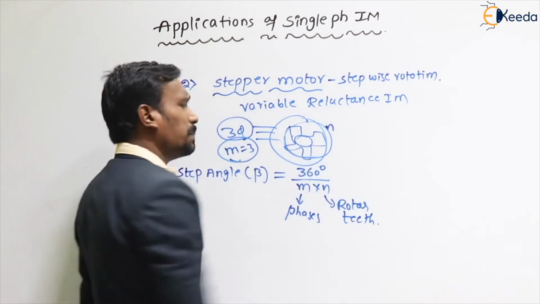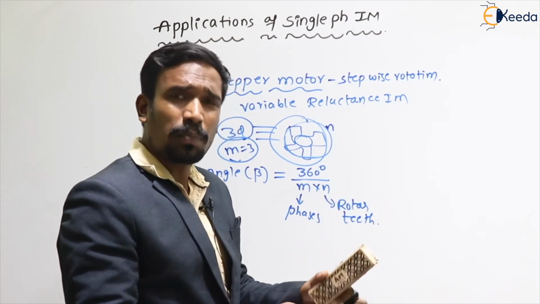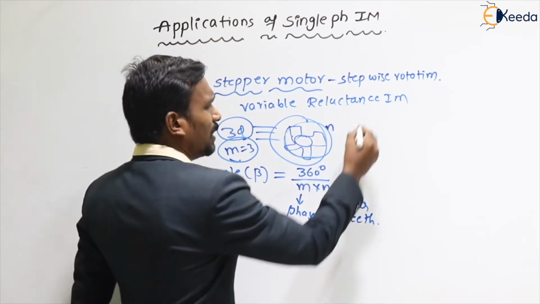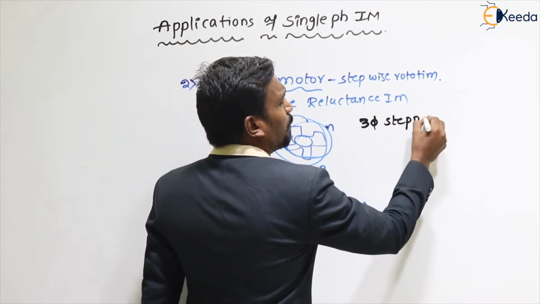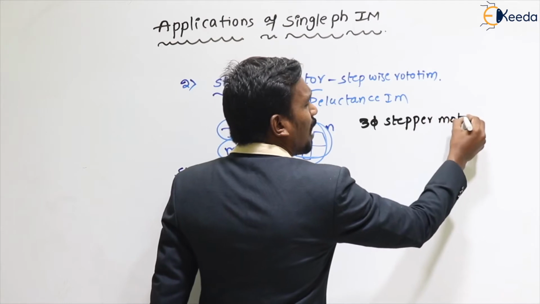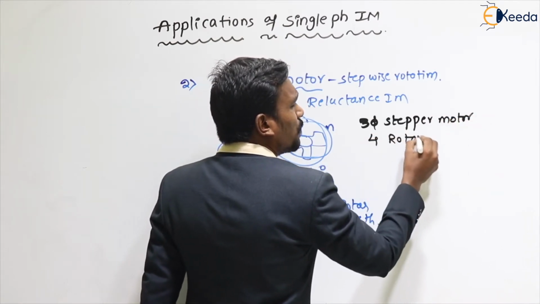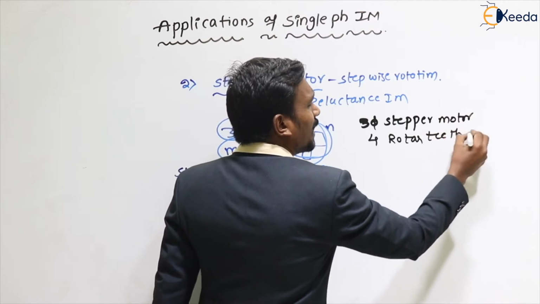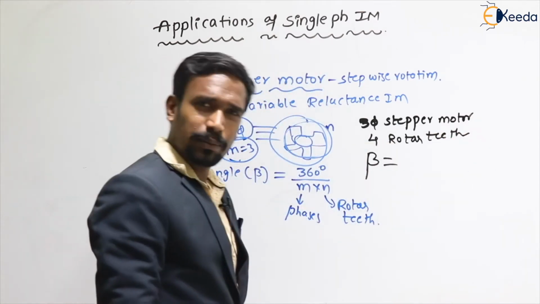This is my stepper motor. For example, they will ask you one problem on this. A three-phase variable reluctance stepper motor having four rotor teeth. Then tell me the step angle for each step.